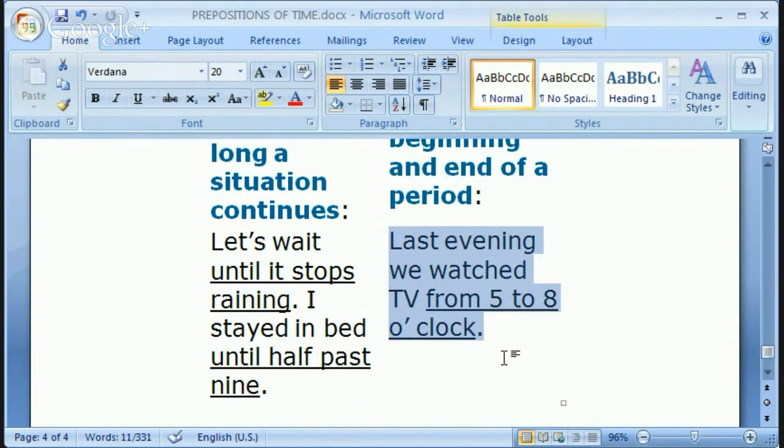It snowed every day from December to March, for example. Okay, I can talk about the past. I can talk about the future. The meeting will last from 5 to 8 o'clock. Doesn't really matter.